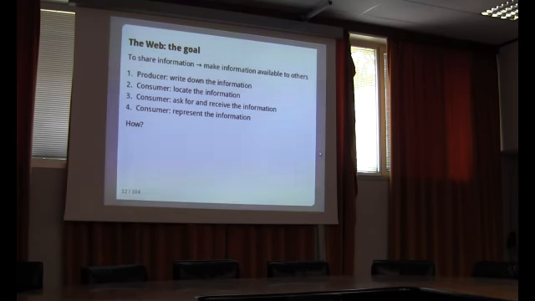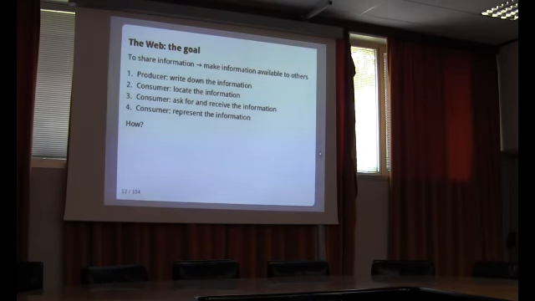Note that "write down" is an informal term, because of course we can consider this producer writing down with a pen on a sheet, but also writing down with a typewriter or computer and so on.